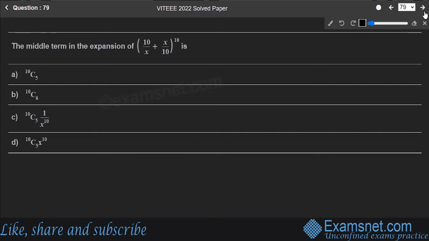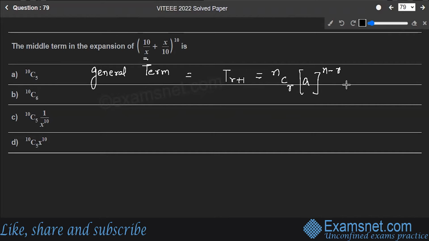Question number 79. The middle term in the expansion of this given expression is equal to? See here, if I talk about the general term, it is given by T(r+1), and T(r+1) here is given by nCr, the first term, if I'm taking this as a, whole raised to power n minus r, multiplied by x, the second term, raised to power r, right?